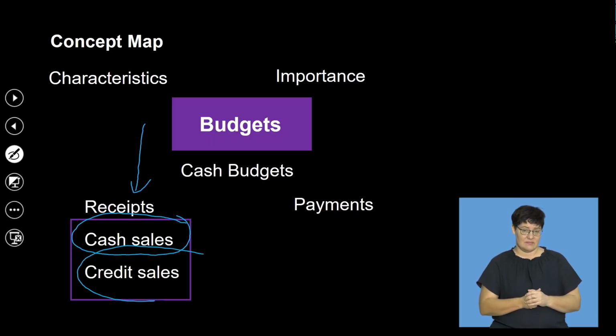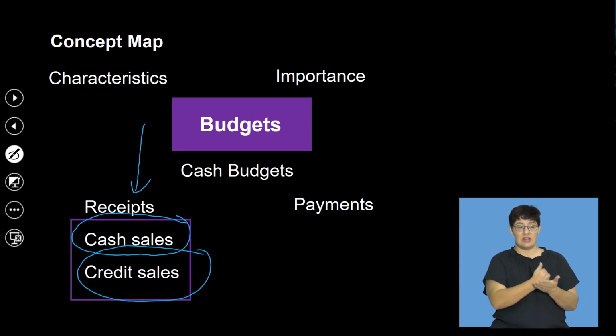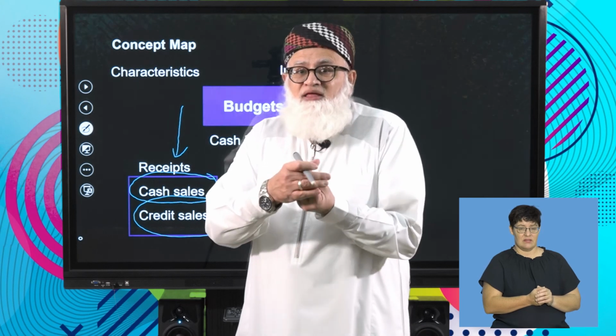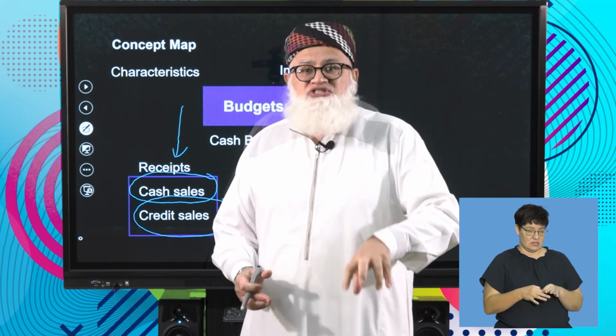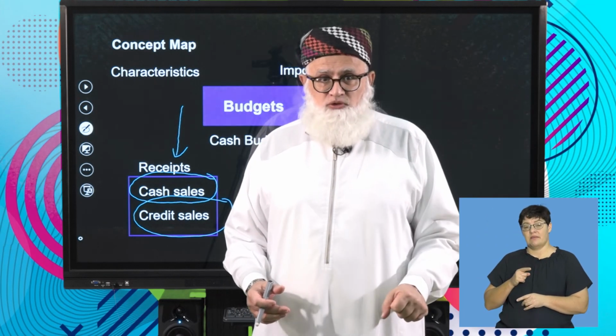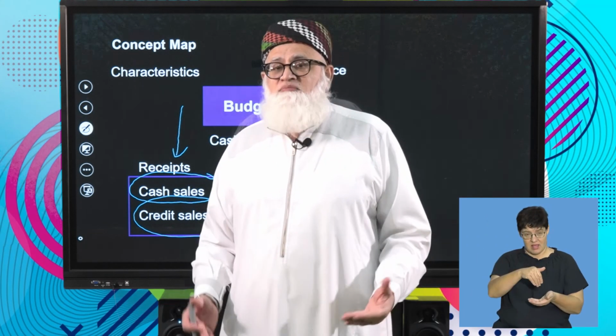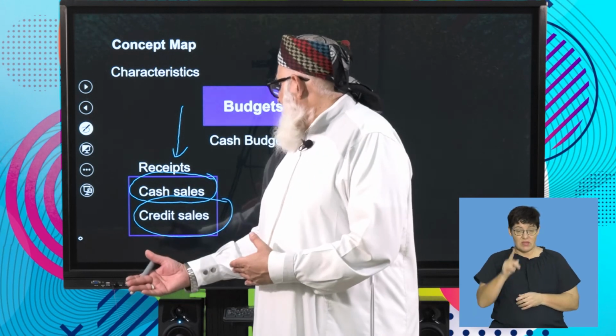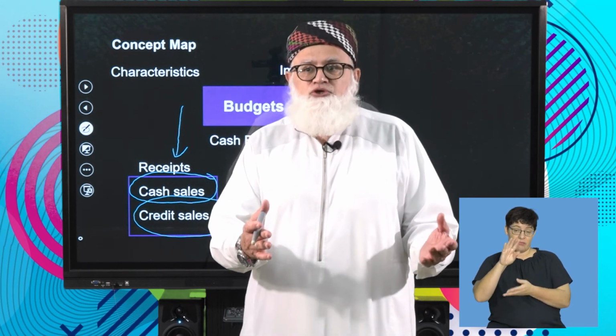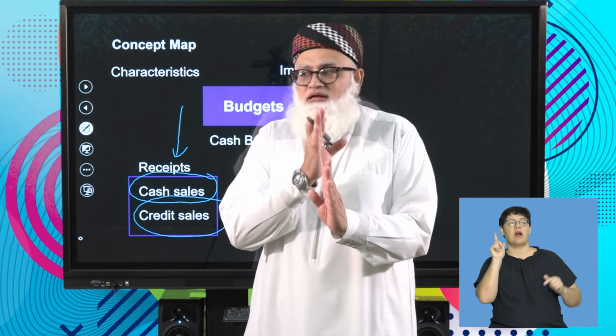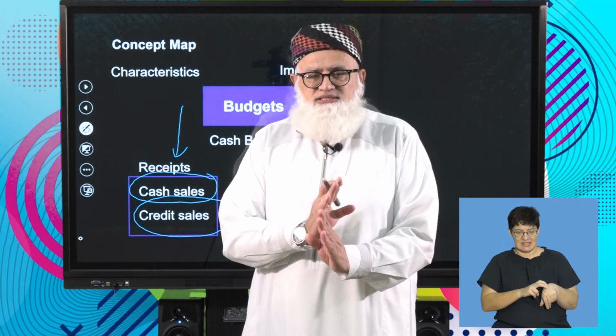And then we said, with the credit sales, the credit sales is going to be the most important figure when we are doing our debtors collection schedule. In other words, the moment you see debtors collection schedule, immediately you realize that I need my credit sales.